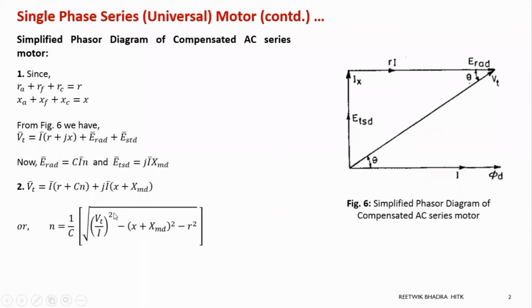That's why the square root is coming: a plus jb, so square root of a square plus b square. You need to remove the square root, so square both sides, then again take the square root. So this gives the equation of your speed in a compensated AC series motor. Up to this we had already done.